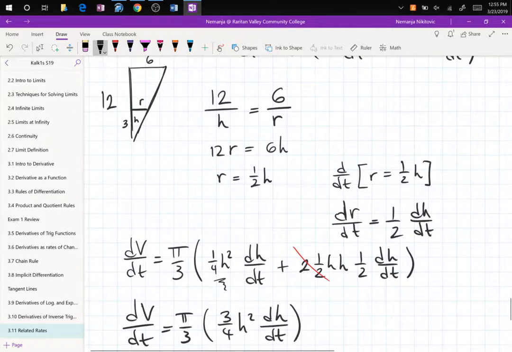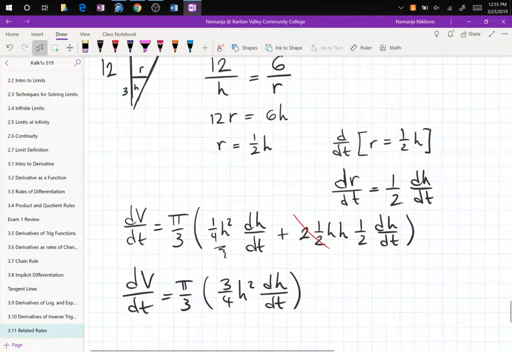So it condenses really nicely into one equation. So let me just say this and this combines as 1/4 plus 1/2 equals 3/4 of h squared and then dH dt.